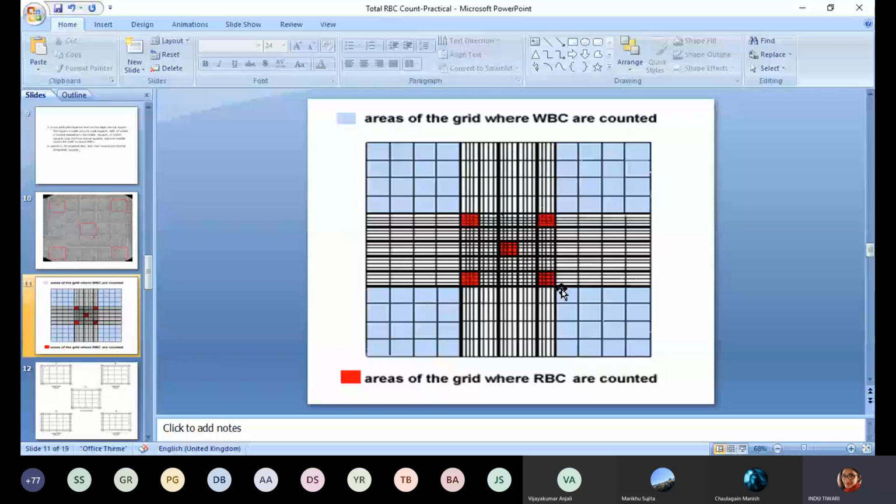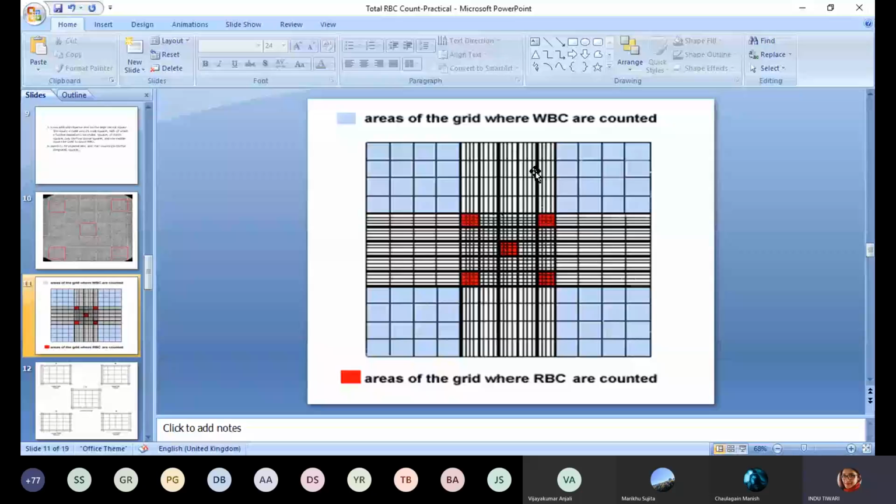So this is what a Neubauer's chamber looks like. It has been divided into several squares. The four corner squares, upper left, lower left, upper right and lower right, are used for counting the WBCs, and the central big square is utilized for counting the RBCs. The central square is again divided into 25 medium-sized squares.